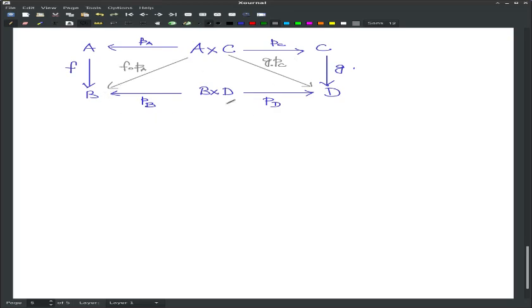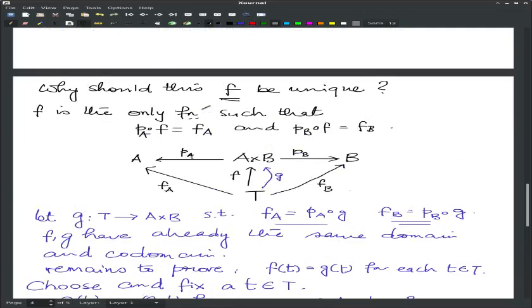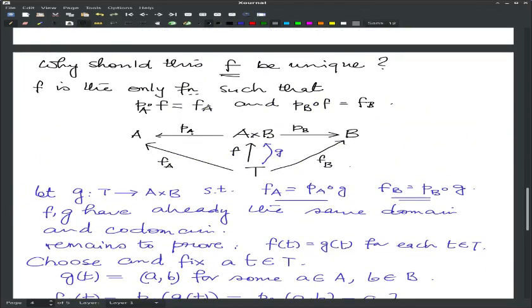So you have this picture: something over here, A cross B, two arrows going out, and whenever from something you have two arrows coming to these same endpoints, you can fill this part uniquely, right? This is something very special.